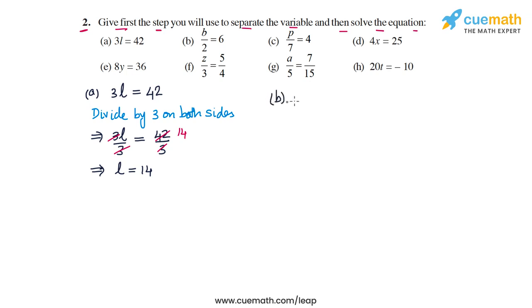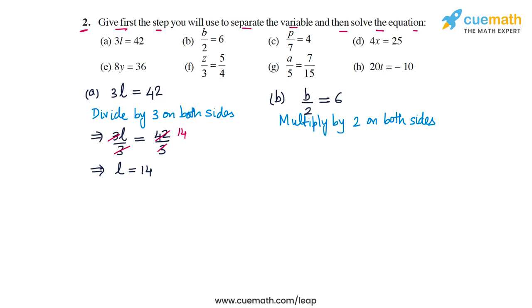Now in part B, the equation is B by 2 is equal to 6. We want to separate B, so this time we will have to multiply by 2 on both sides. So multiply by 2 on both sides, because B by 2 will become B if we multiply by 2.